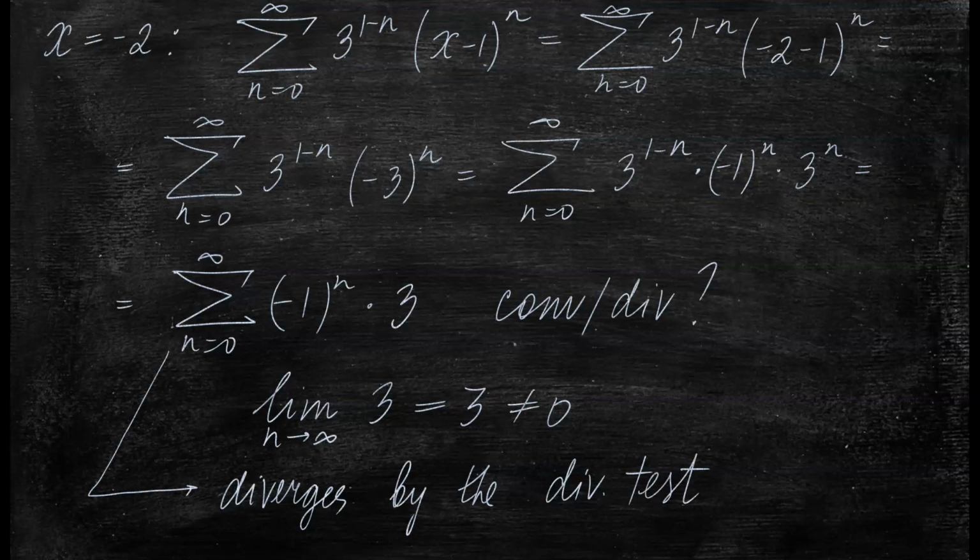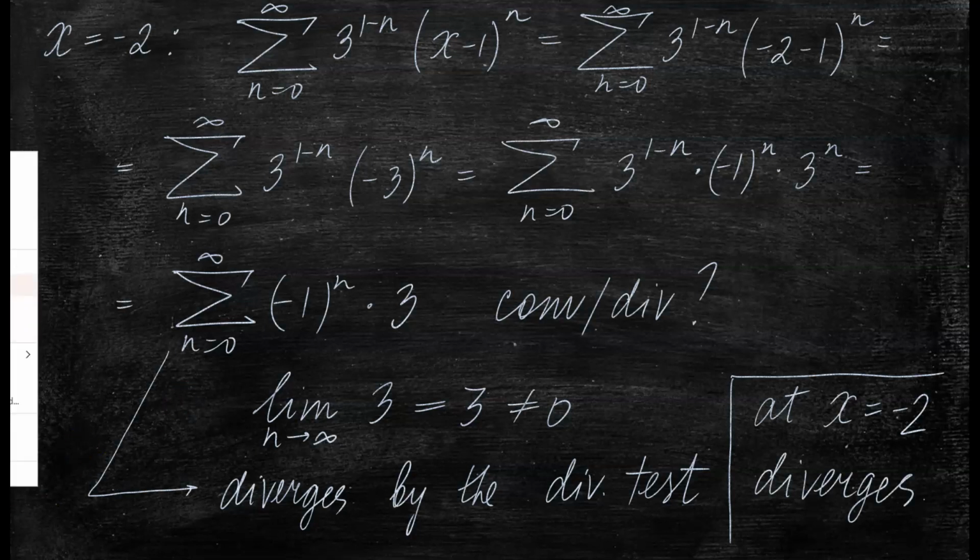So the final conclusion is that at x equals -2, our series diverges.